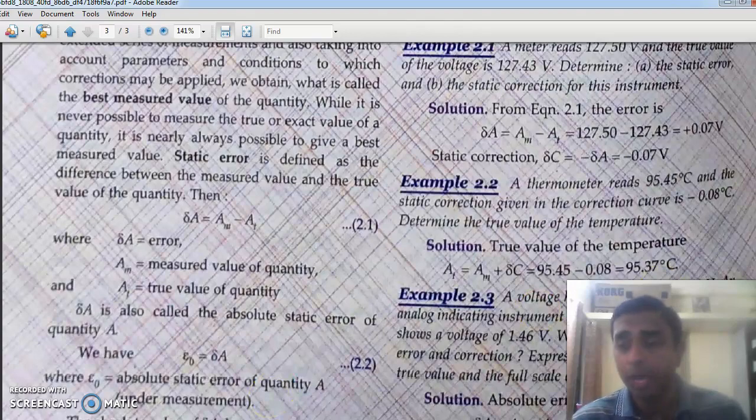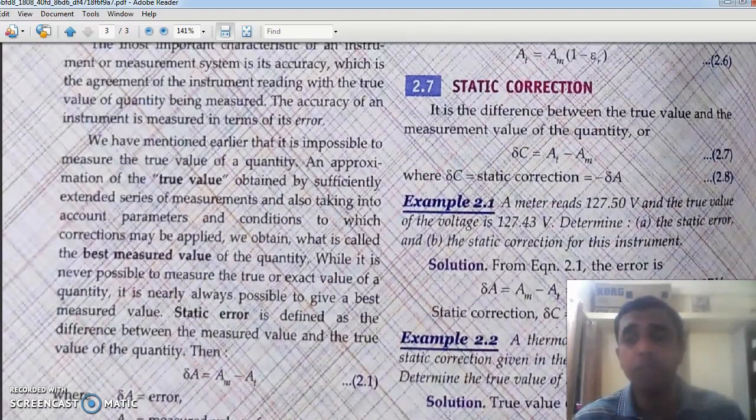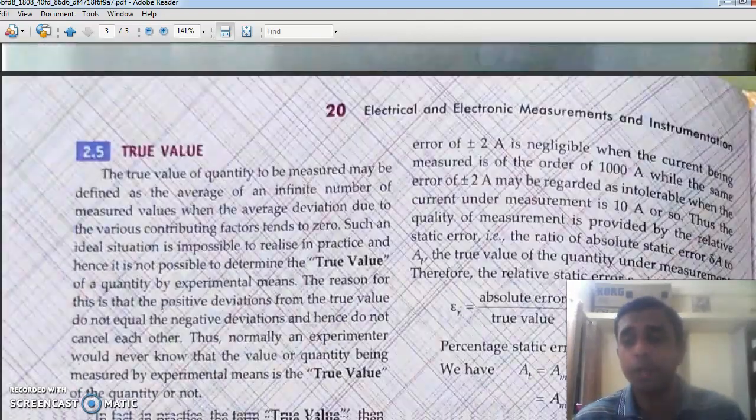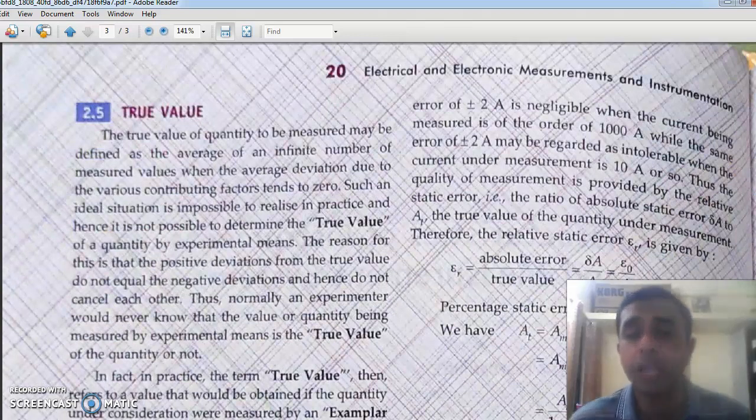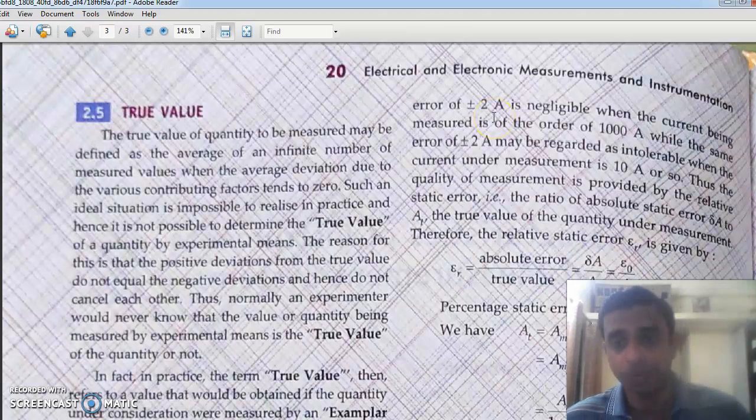And many times this does not have any meaning. Suppose for a measurement of current, the static error, that is delta A, is plus or minus 2 amps. Does it make any sense? That is another thing. Suppose you have several marks in your class, for physics. One student got 30 marks, one student got 45 marks, one student got 60 marks.